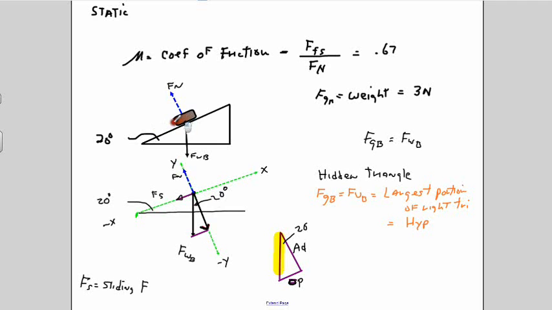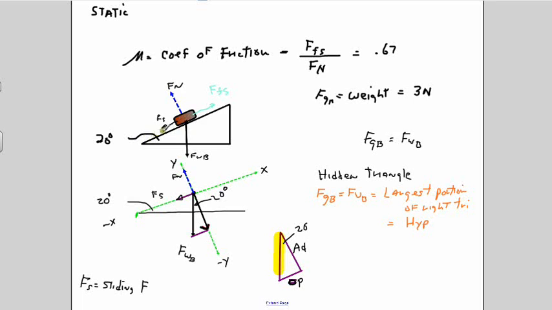So we've just added a force sliding that looks like this. And if it does not slide, it must mean that there is another force pulling up over here that's holding it. And this will become our force of friction static.